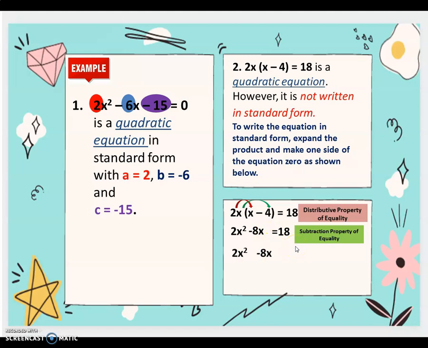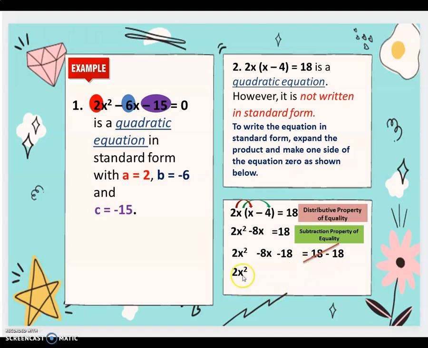So, 2x squared minus 8x. So, the opposite sign of positive 18 is negative 18. So, i-add po natin siya dito sa left side. Equals. So, 18 minus 18. So, yung negative 18 at the right side, ilalagay din po natin sa left side. So, ibabalance natin. So, 18 minus 18, alam naman natin na yan ay 0.